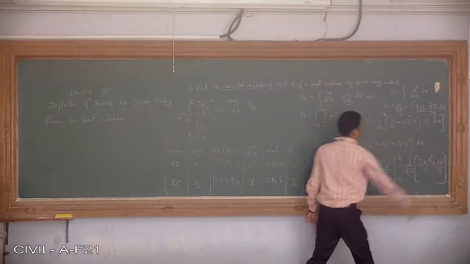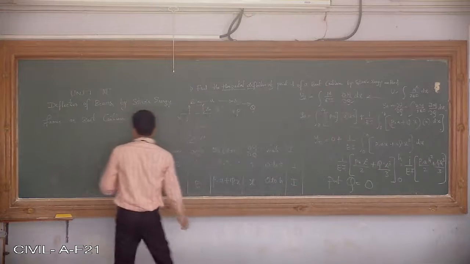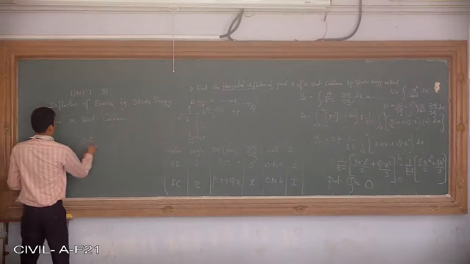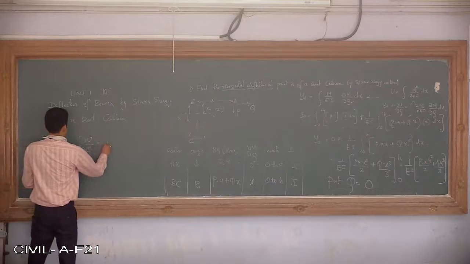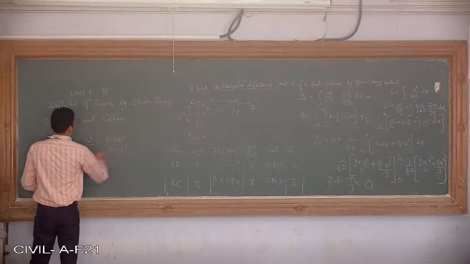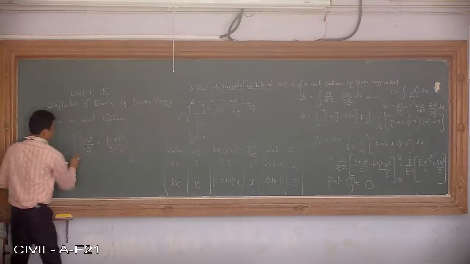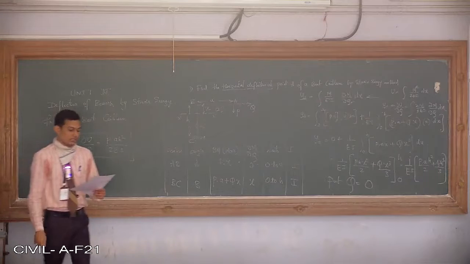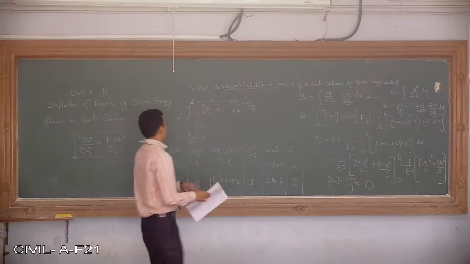Here you put Q equal to 0. What remains is dou U by dou Q is P into A into H square divided by 2EI. Clear? This is how you have to find the horizontal deflection.